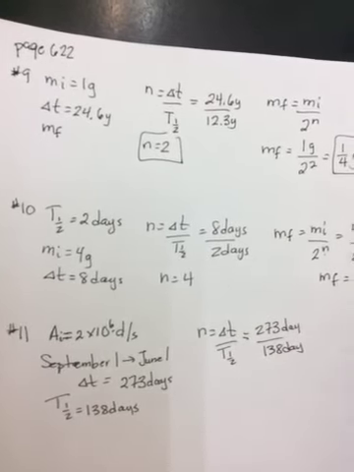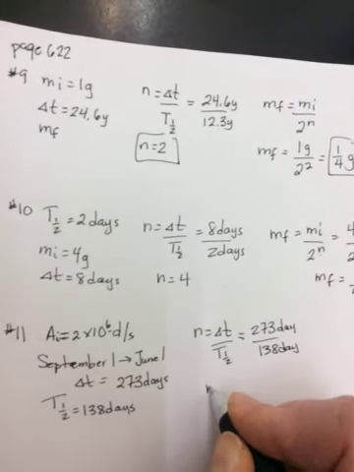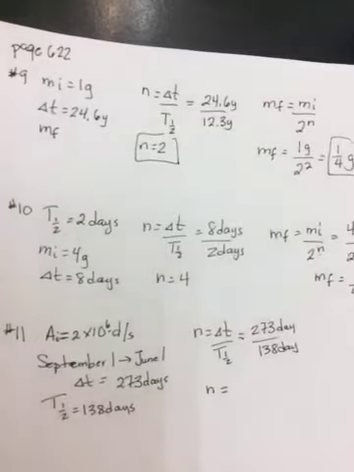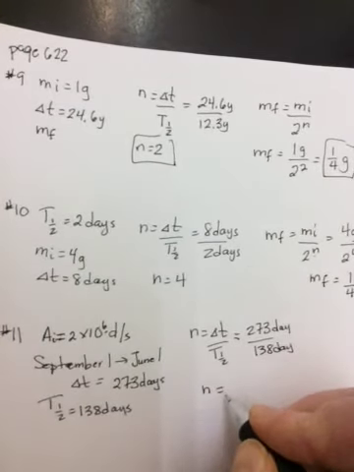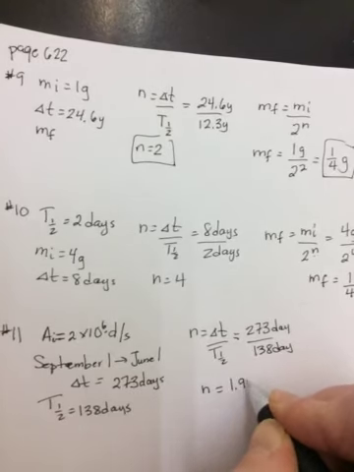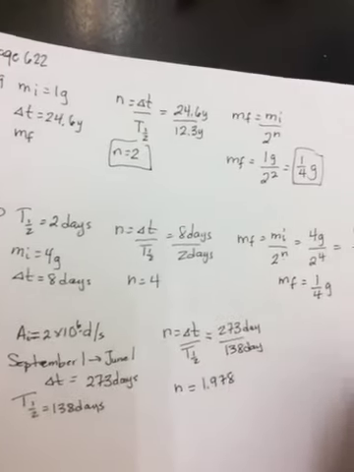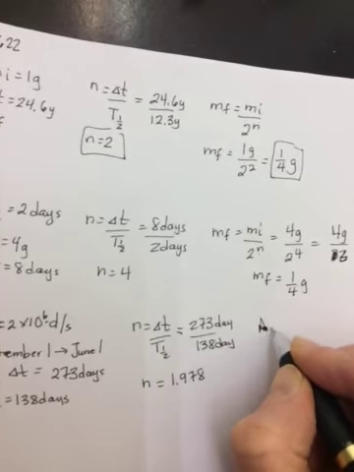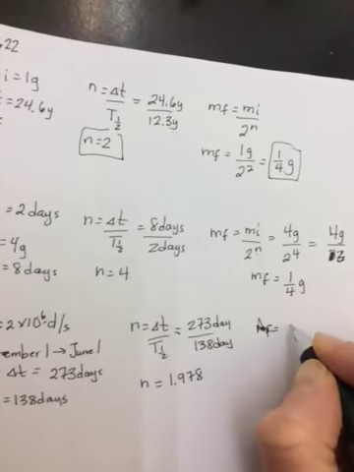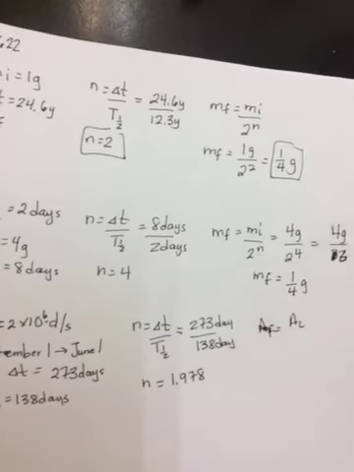Wonder if they wanted it to be a leap year. Still wouldn't. Should have used it on June 3rd, or June 4th. So n is equal to 1.978.